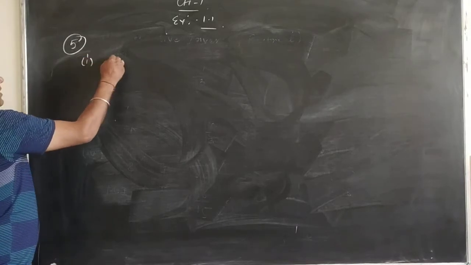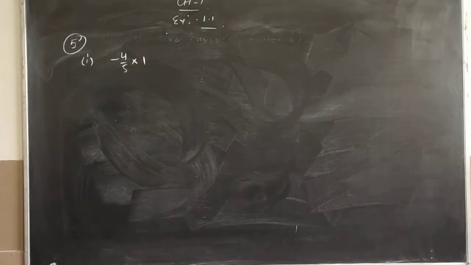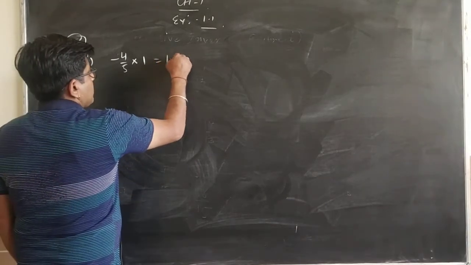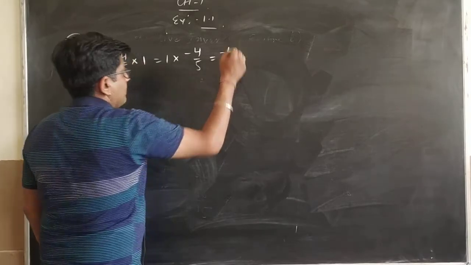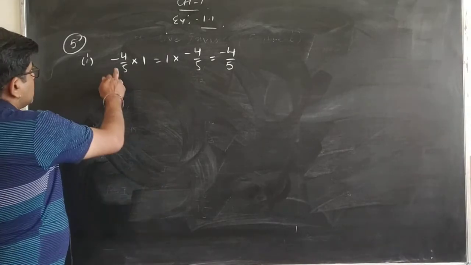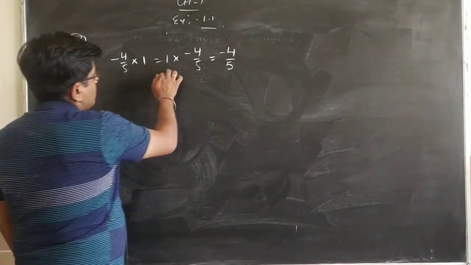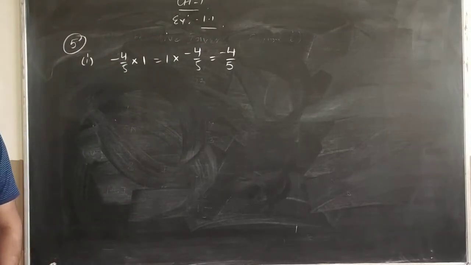Like in first part, minus 4 upon 5 multiply by 1 is equal to 1 multiply minus 4 by 5 is equal to minus 4 upon 5. So you have to name the property.